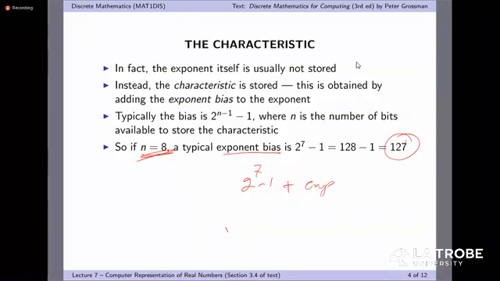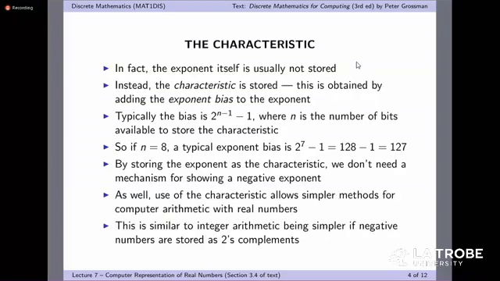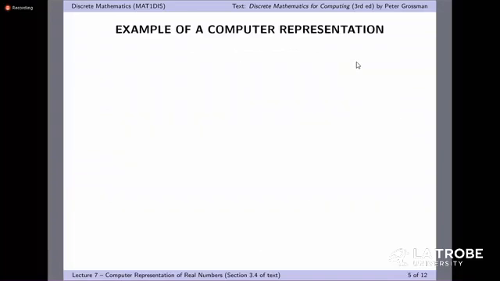If the exponent was 4, I would do 4 plus 2 to the power 7 minus 1. Think of that as just a constant. That will give you the characteristic, and we will store that characteristic instead of just the exponent. I'll do some examples in a minute, and it will be very clear.